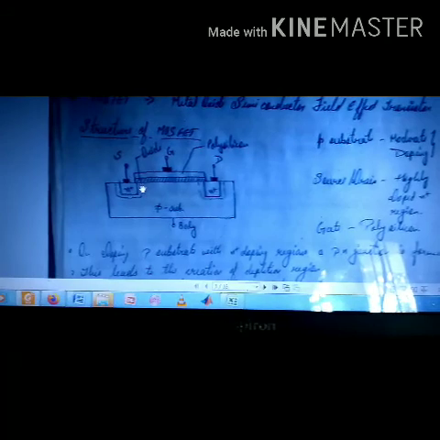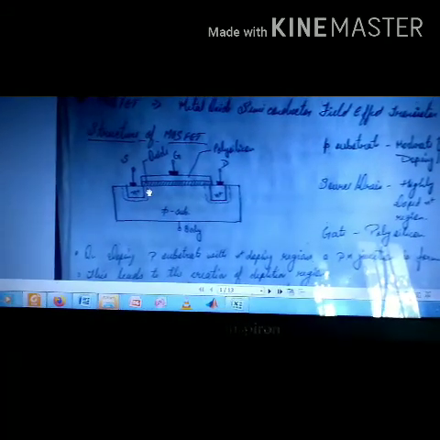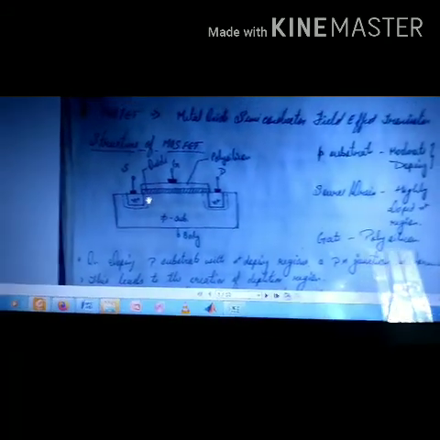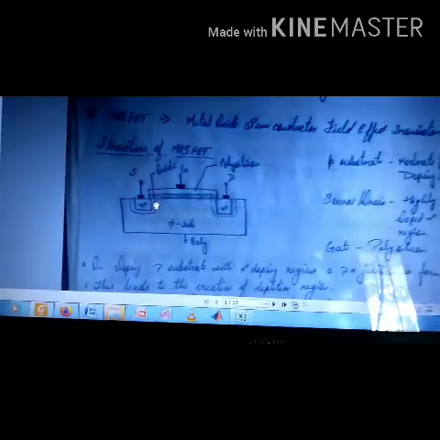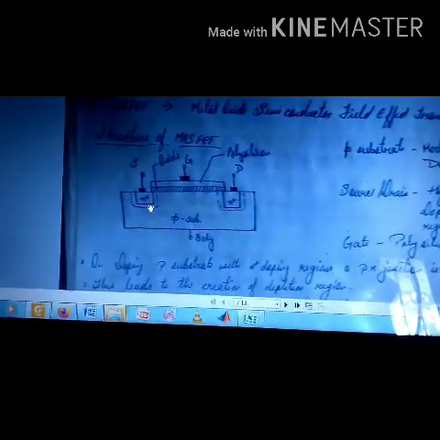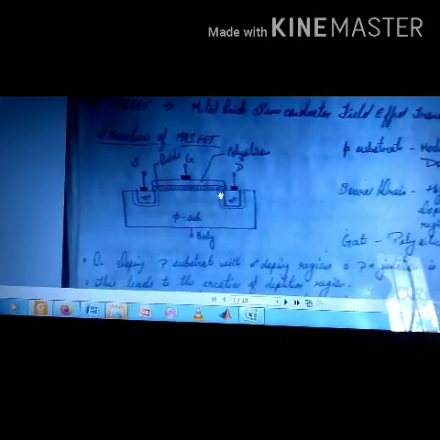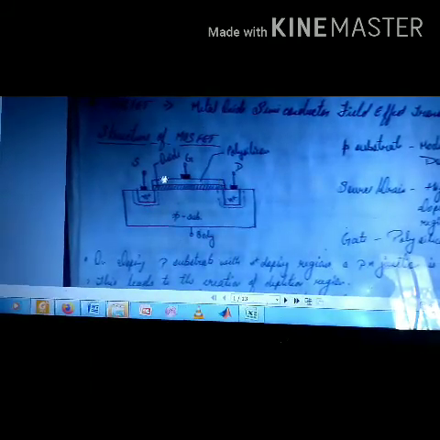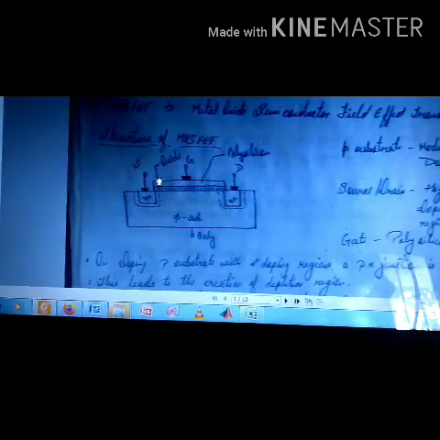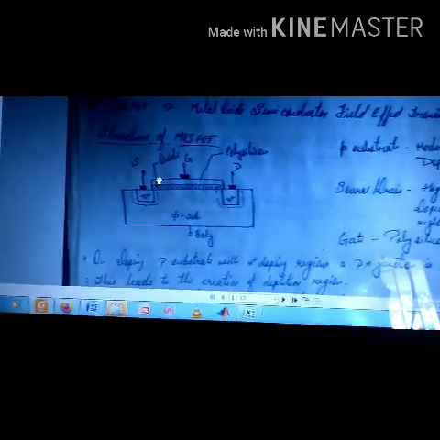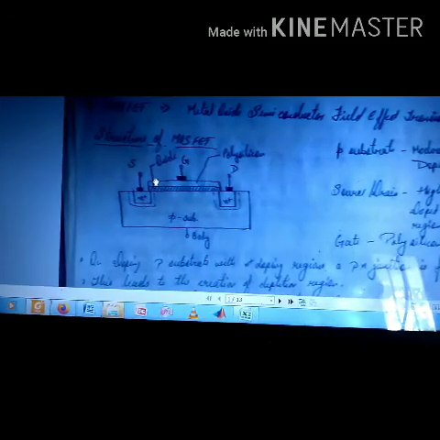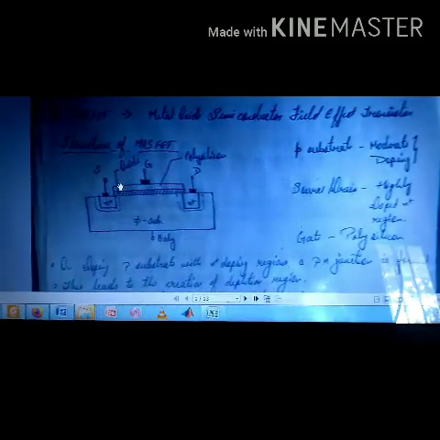This is the depletion layer in the PN junction. Then over this, a SiO2 layer is grown, and over that a metal electrode or metal gate is deposited. In a very layman form I have demonstrated the fabrication to you.